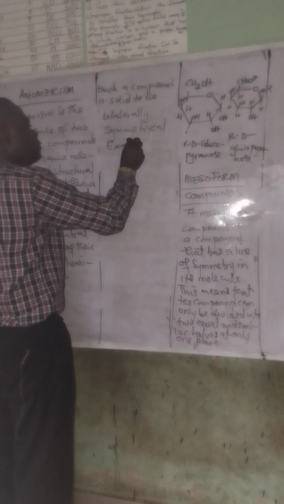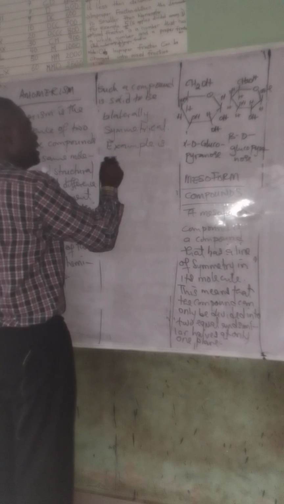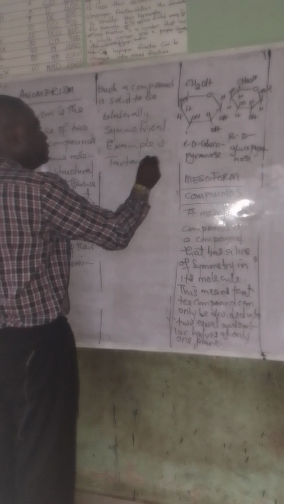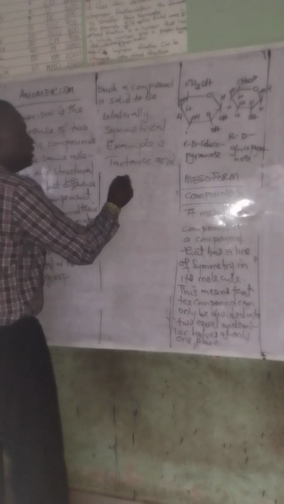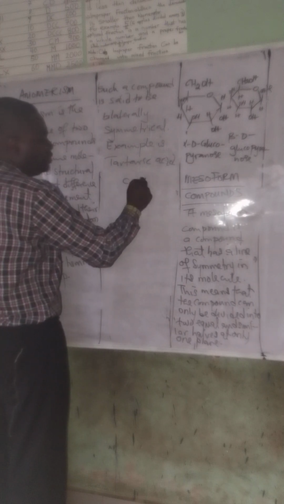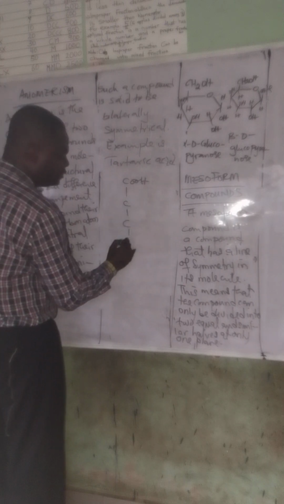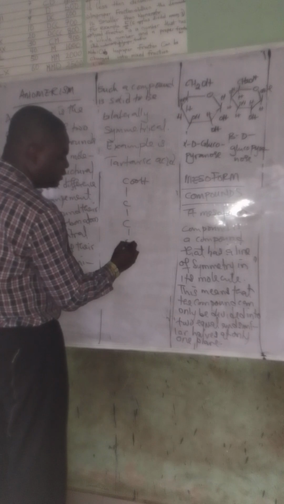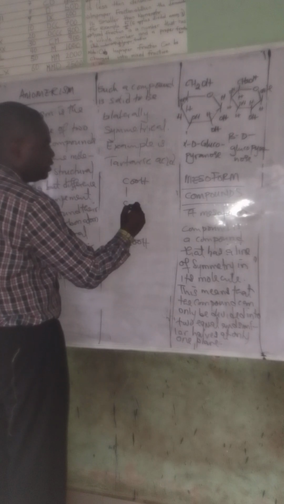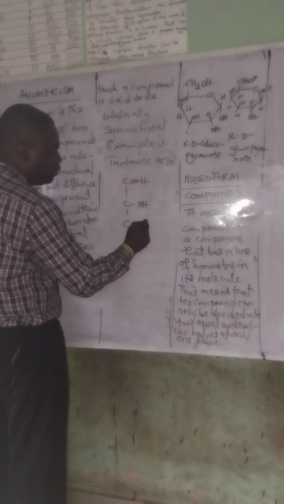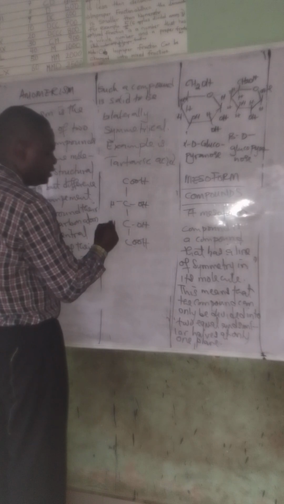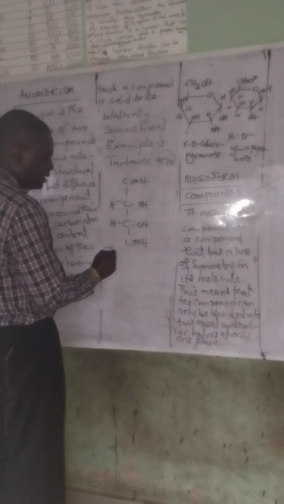An example is tartaric acid. Tartaric acid is COOH, carbons 1, 2, another COOH, then you have OH, OH, H, H. This is tartaric acid.